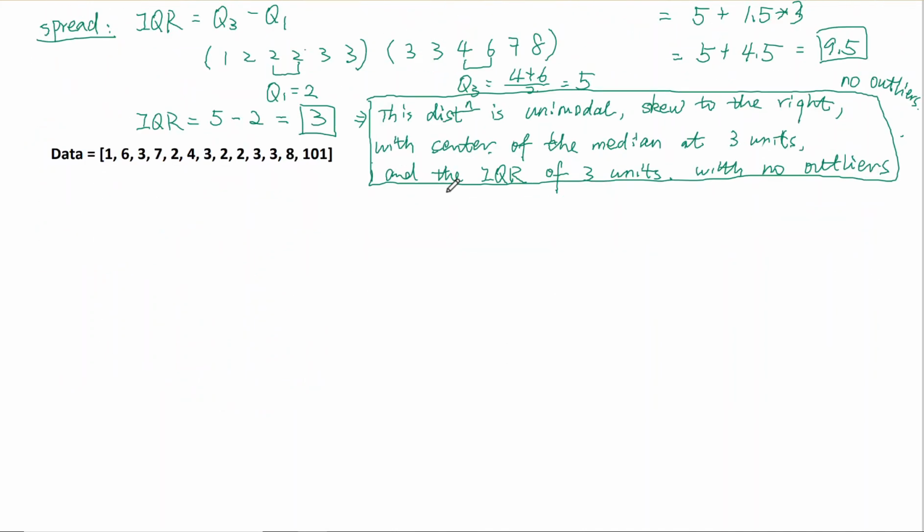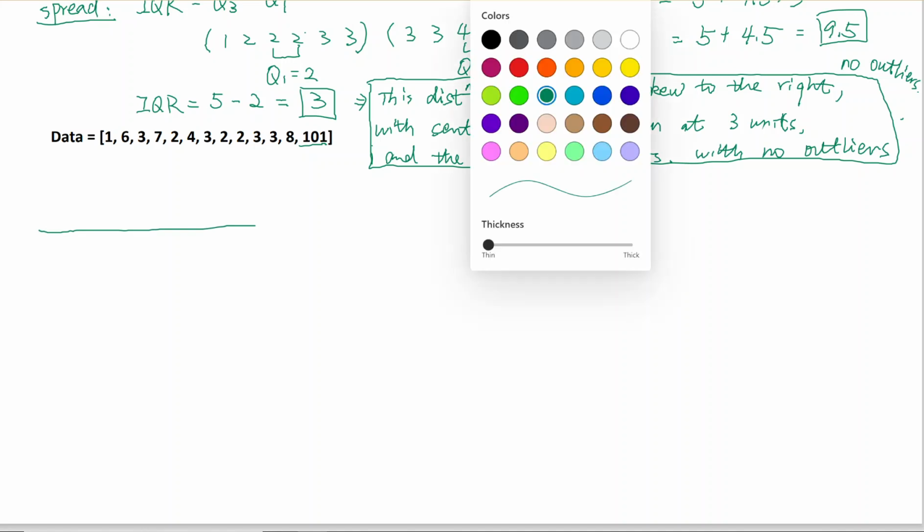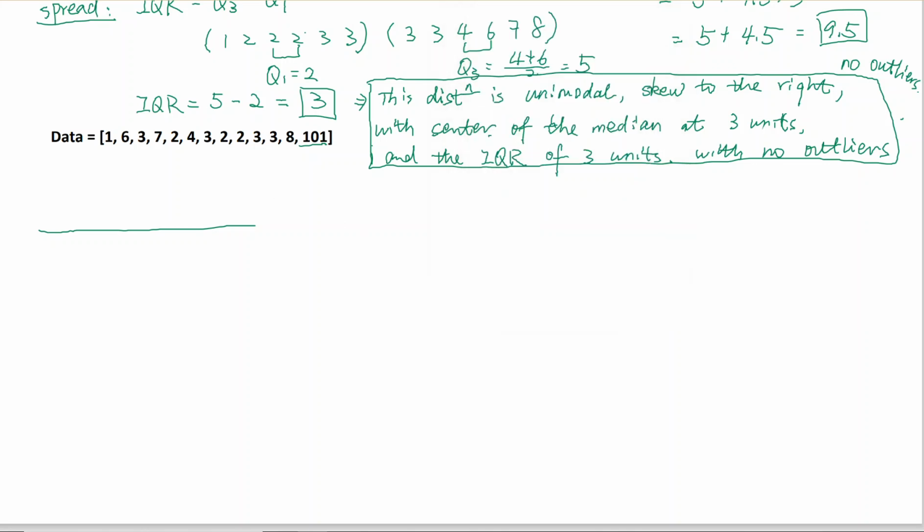Next example, I just add another observation, a large kind of an outlier, right? So now let's still draw the histogram. All right.